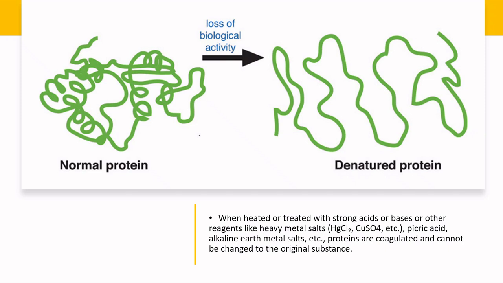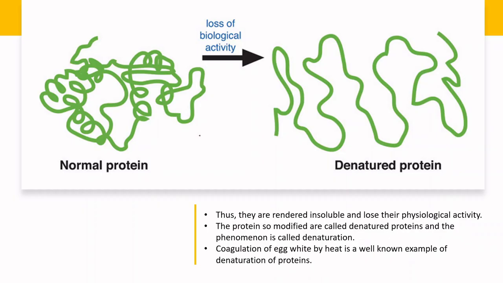So when heated or when treated with strong acids, bases or reagents like heavy metal salts such as mercury chloride or copper sulfate or picric acid, proteins are coagulated and they cannot be reversed back into the original substance. Hence, they are rendered insoluble and they lose their biological activity.